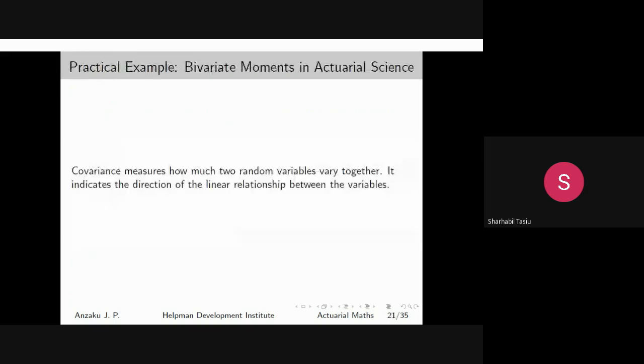So we'll look at a practical example now of bivariate moments in actuarial science. Like we know, the covariance measures how much two random variables vary together, like I explained earlier when I said the spread.